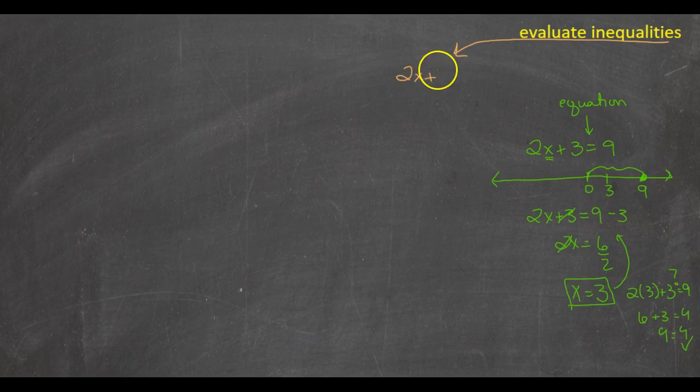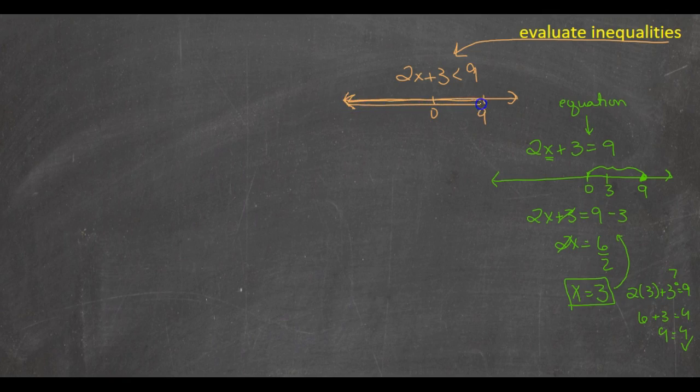2x plus 3, and I'm going to choose a different number for 9, is less than 9. In this case, when I put it on a number line, then I'm looking to solve for the left-hand side has a total value less than 9, meaning I'm looking for what x values, when I plug them in, will give me values less than 9 on the number line.